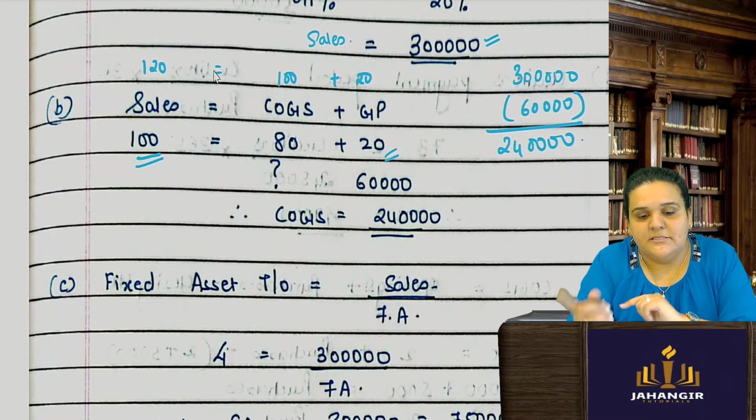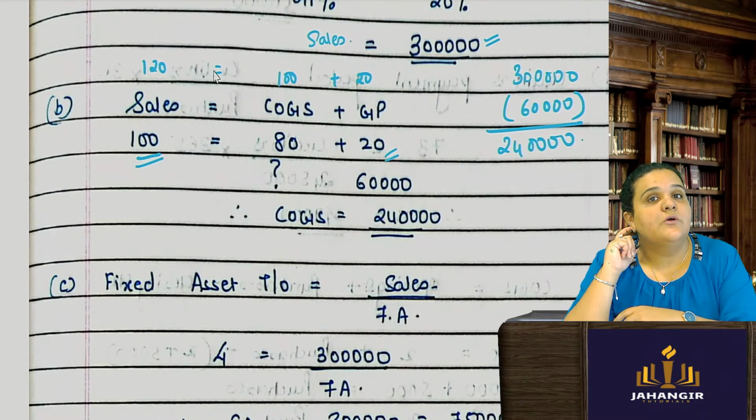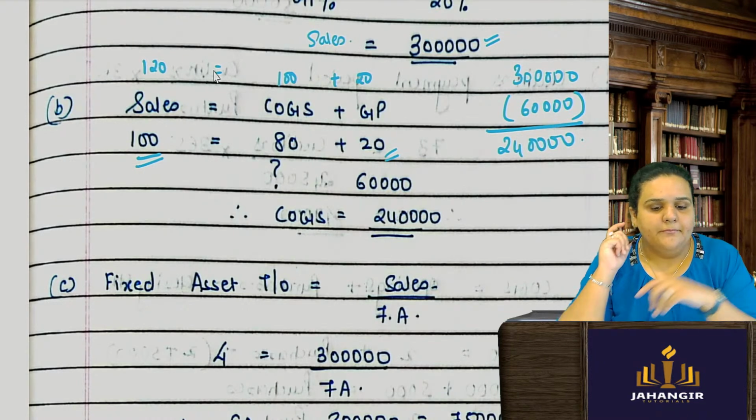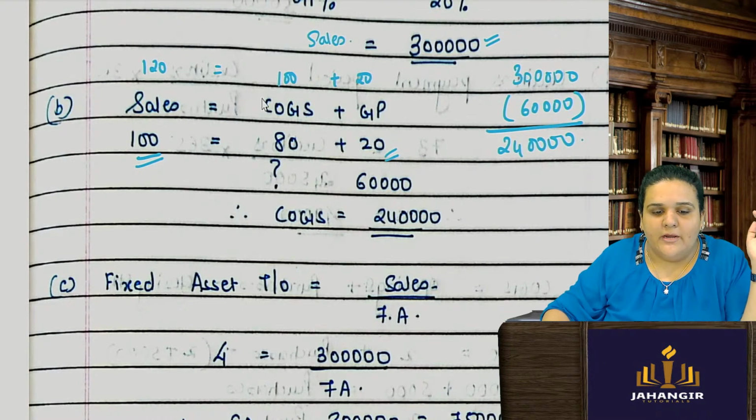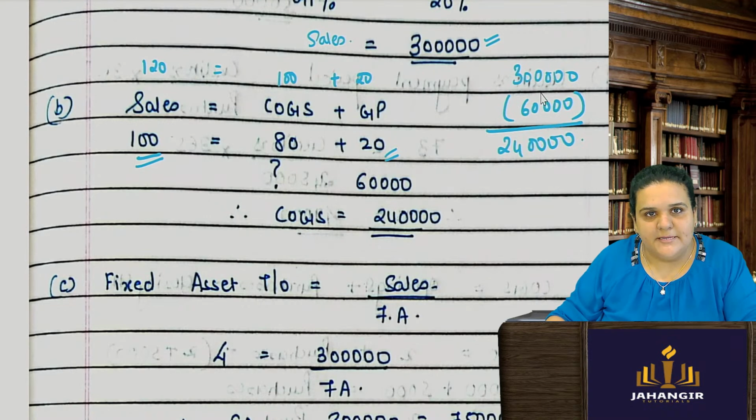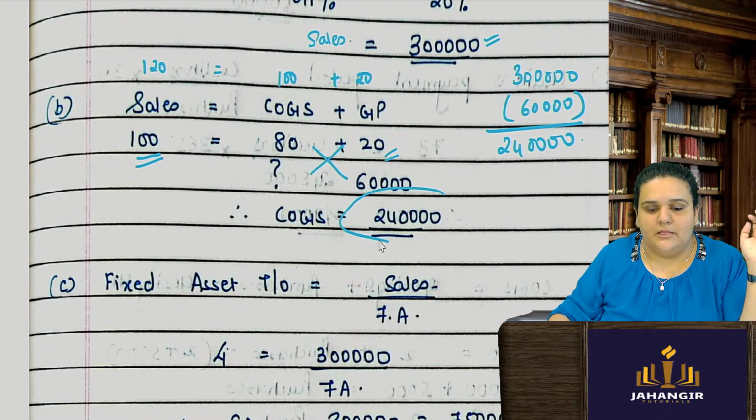If it is a percentage of COGS, assume COGS to be 100. This I have just done for your understanding. You can directly do it from 3 lakhs, my sales, minus my gross profit. I will get my COGS. But if you do it with this also, your COGS will come to 2,40,000.